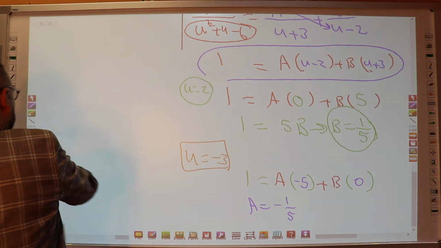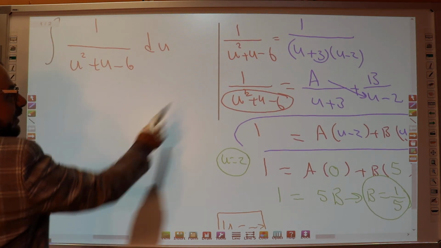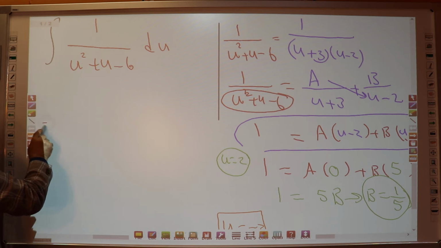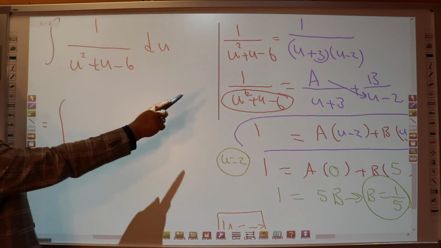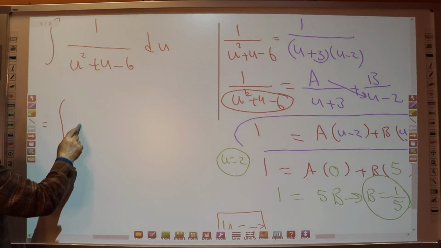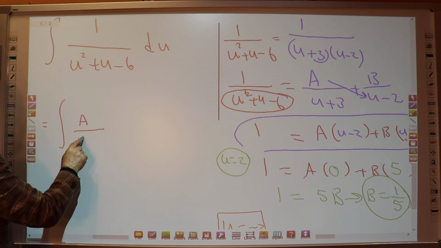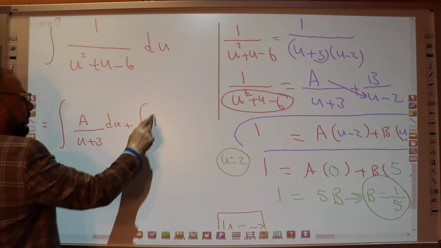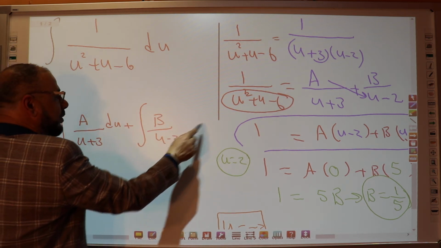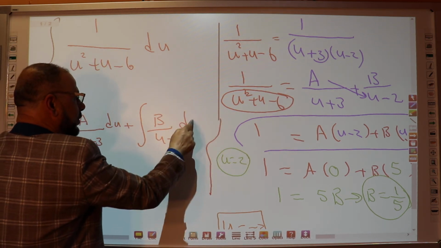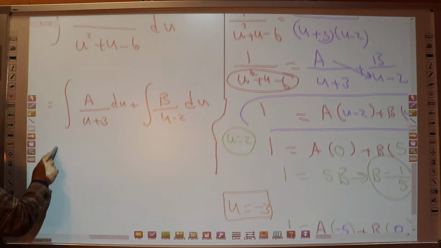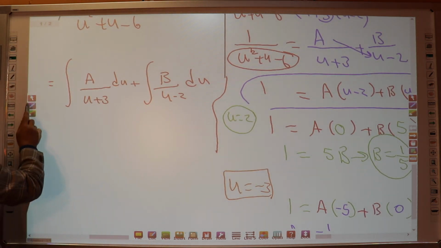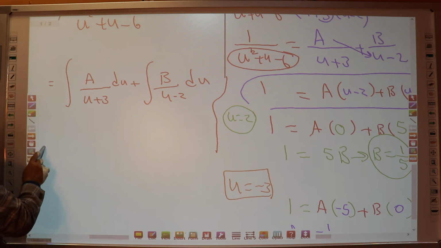Now back to my integration, I have A, 1 and B, right? Then my integration here will be equal to the sum of these two integrations. I'm going to do 2 steps: A over u plus 3 du plus B over u minus 2 du. Since A and B are both constants, I can take them out of my integration.